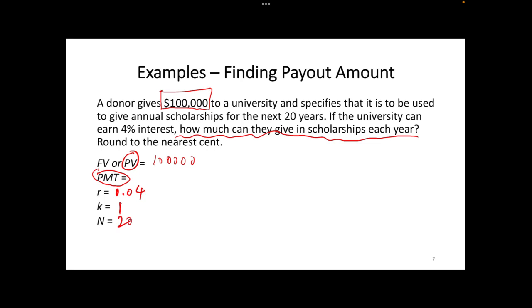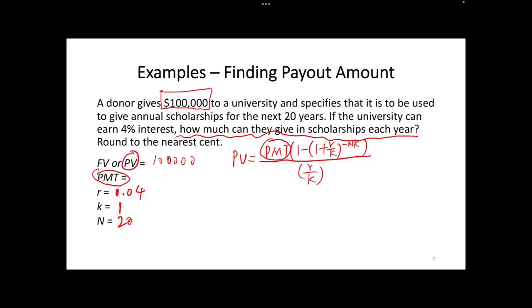And then the payout annuity formula, PV equals PMT times parentheses 1 minus parentheses 1 plus R over K raised to negative NK power, close parentheses, that's the numerator, denominator R over K. And then we're looking for payment.